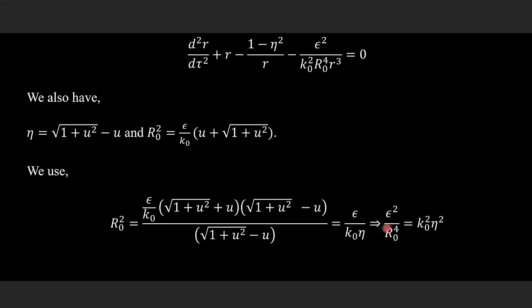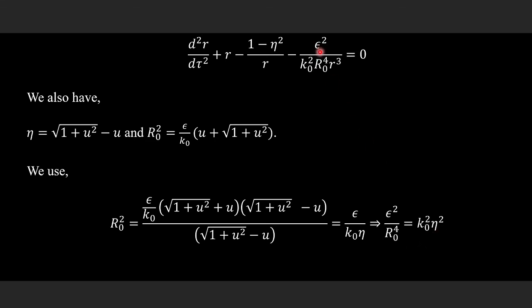So, if we take the square of this term, we get epsilon square over k naught square eta square, which is equal to r naught raised to 4. So epsilon square over r naught 4 is equal to k naught square eta square.